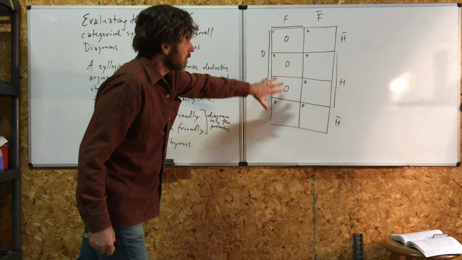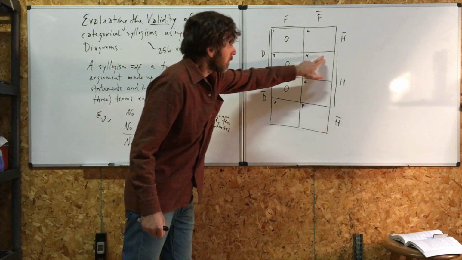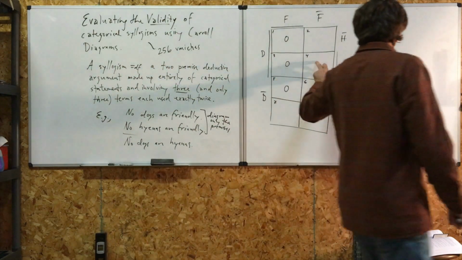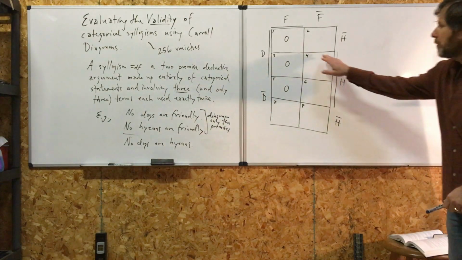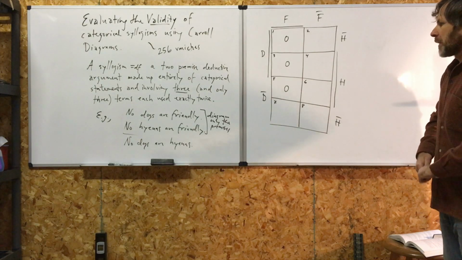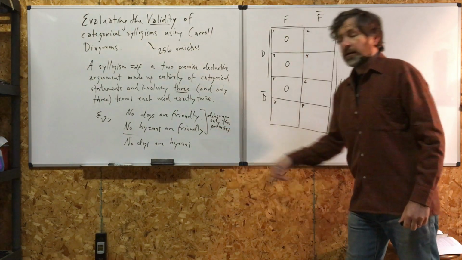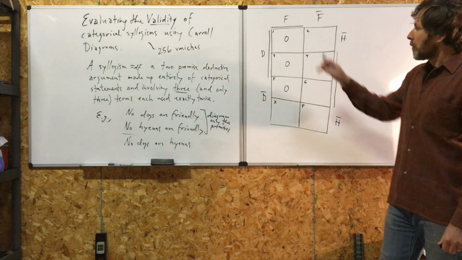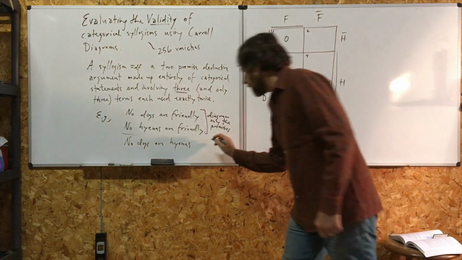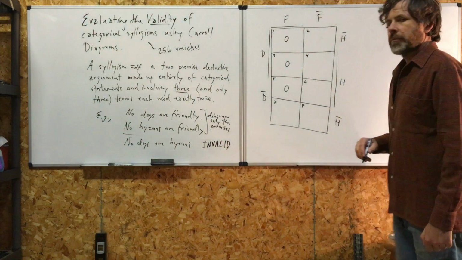This diagram here leaves open the possibility that there are some members of region 4. There could be something living here, something that's both a dog and a hyena. So this argument then is invalid. The premises do not guarantee the conclusion. Invalid. Follow?